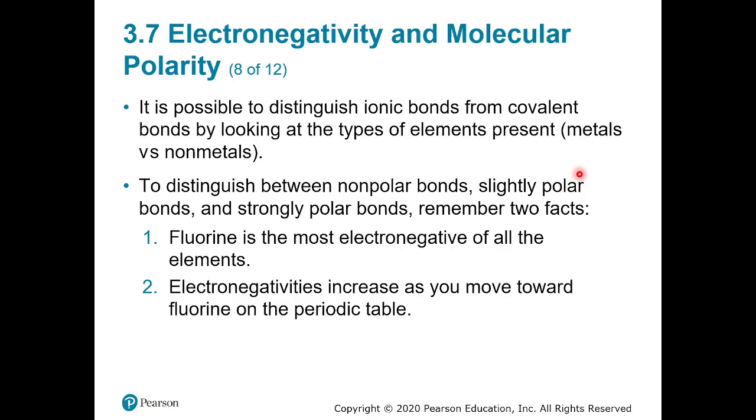If you have a metal and nonmetal, that's going to be what type of bond? Ionic, you got it. If it's nonmetal, what are you going to see? Covalent, yeah.